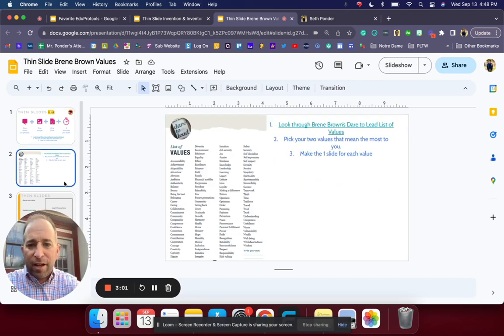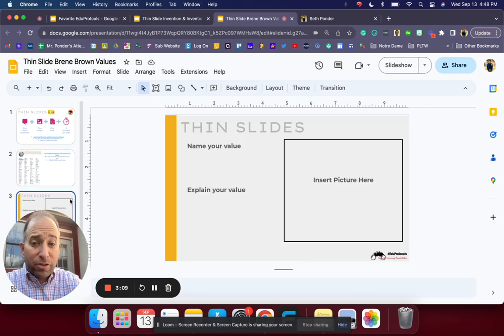So I asked them to pick two values from one of my favorite authors, Brené Brown, and then they had to tell us about those two values. So the first slide is name your value, explain your value, and put a picture of it. Man, the students were so creative in that. And then they had to create slide number 4, which is the exact same slide of their second value and what it means to them.